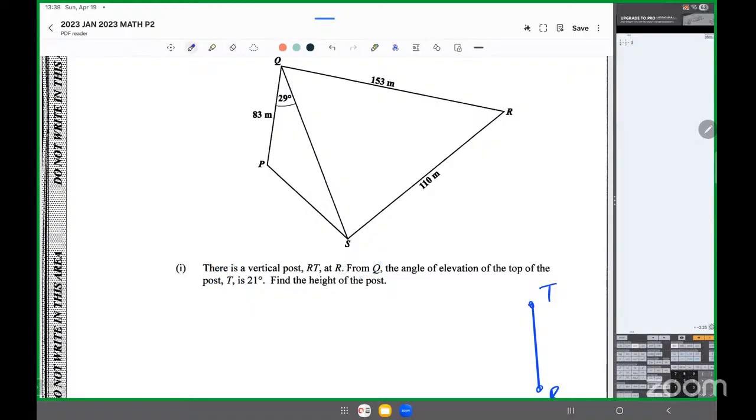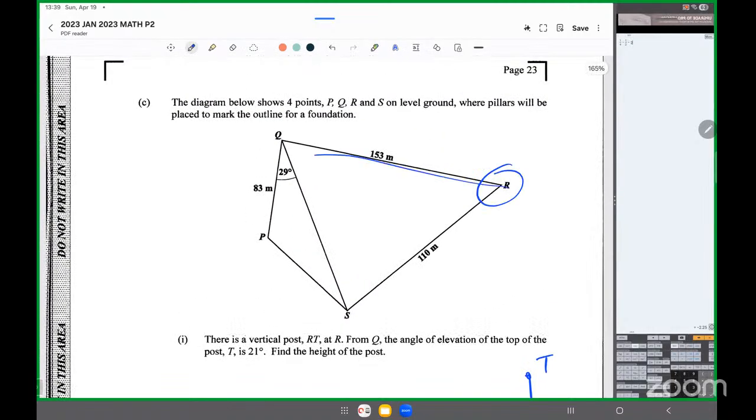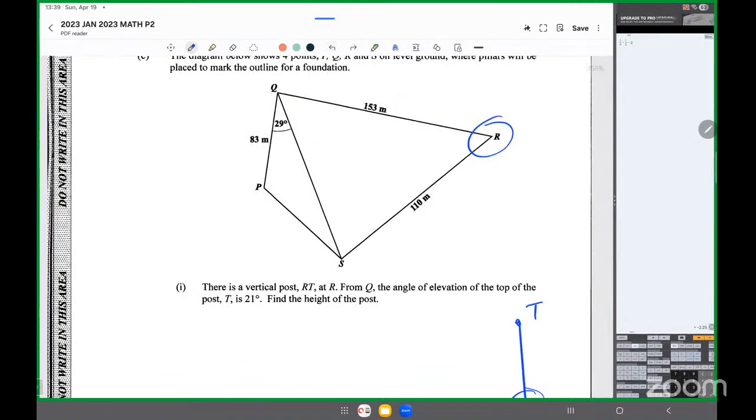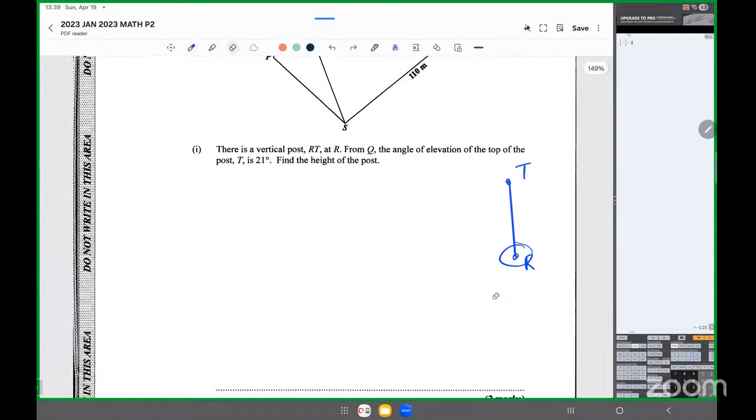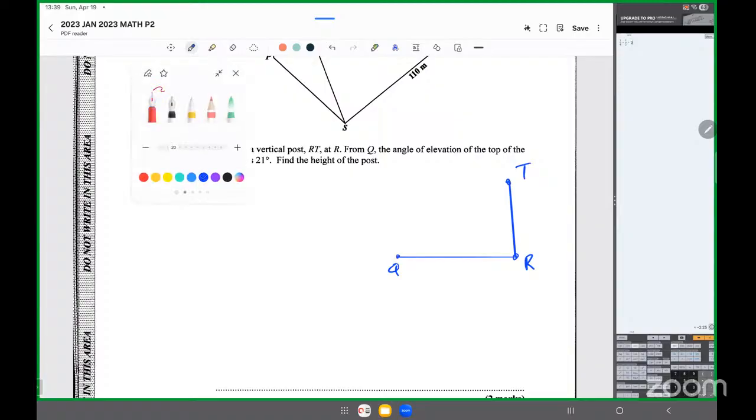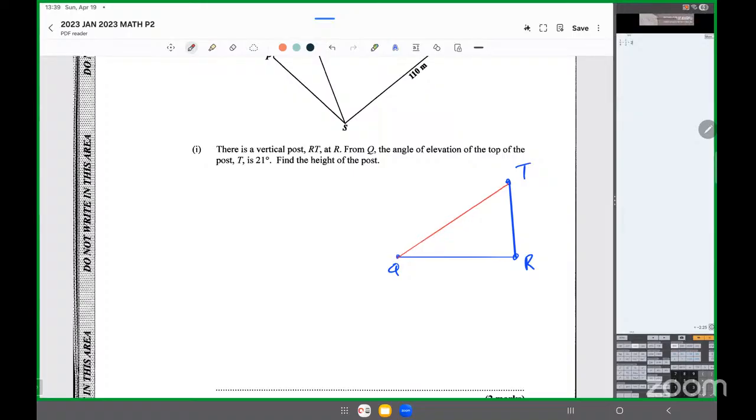On the same horizontal ground as R, you have the point Q, so I'll put the point Q out here so you can see it. The angle of elevation is looking up here, and this is the angle of elevation, which is 21 degrees.